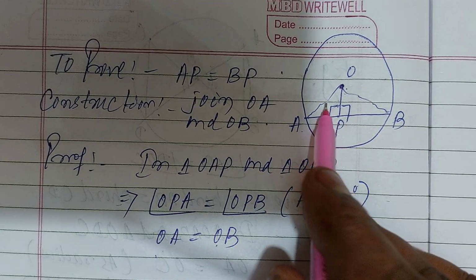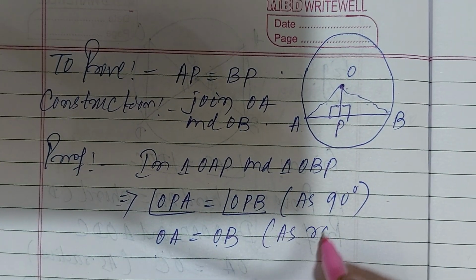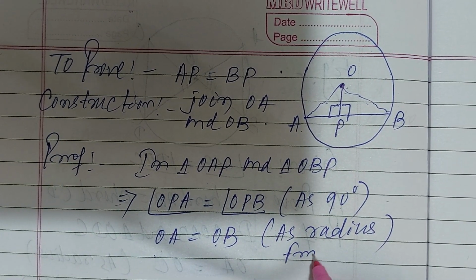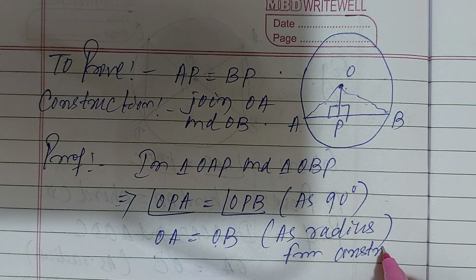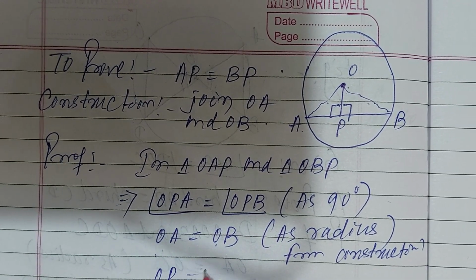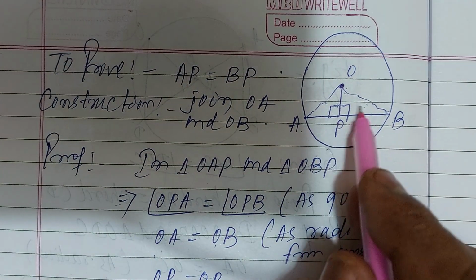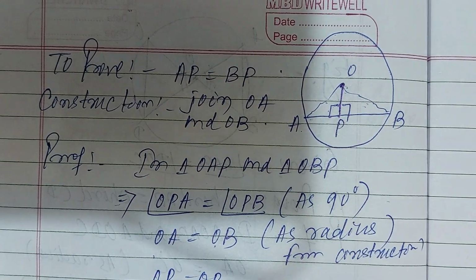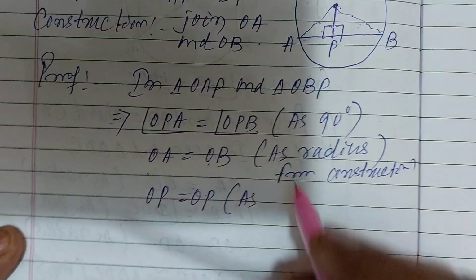OA is equal to OB as radii of the circle, from construction. And OP is the common side for both the triangles. Look here, OAP and OBP, OP is the common side.